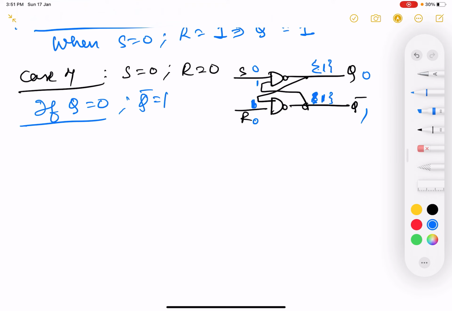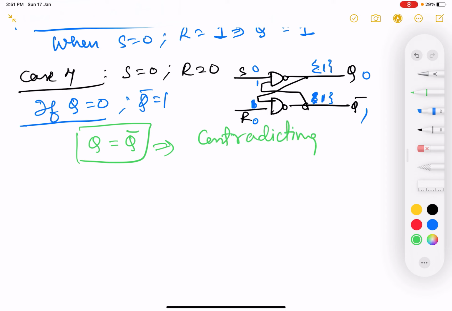Now the output has become stable, but here we are seeing that Q is becoming equal to Q bar. This is contradicting our logic. This is contradicting in nature and contradicting the logic which we are using, that Q and Q bar must be complement of each other.